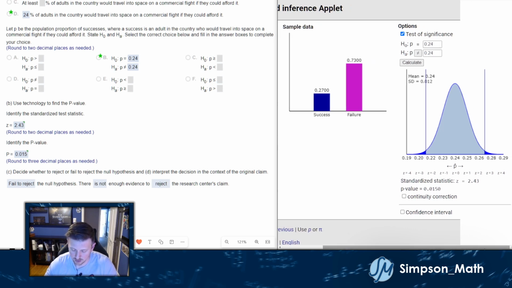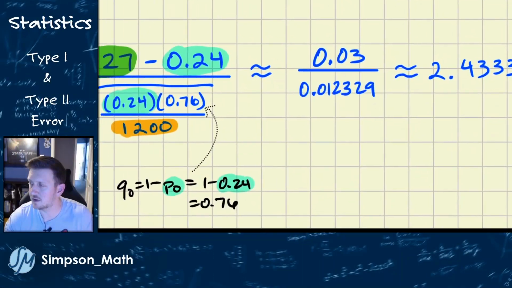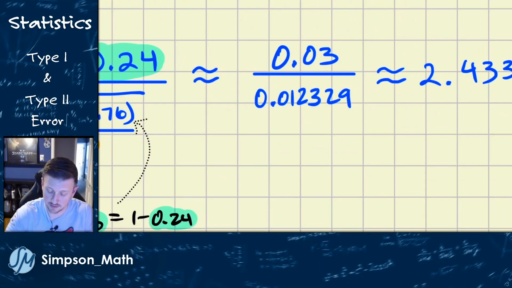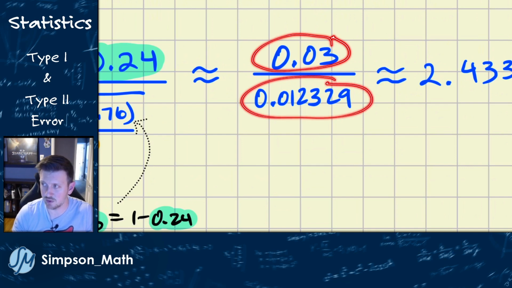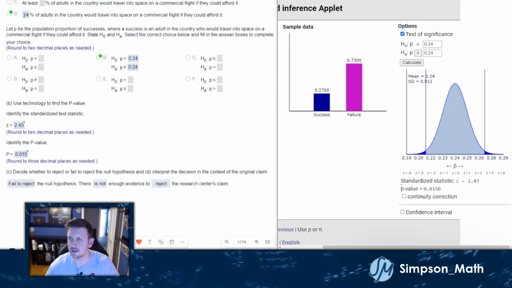If I look back at my work, we can see that the observed difference here is 0.03, which we know. And we see that our standard error is just 0.012329. Look in the top left corner of this graph.